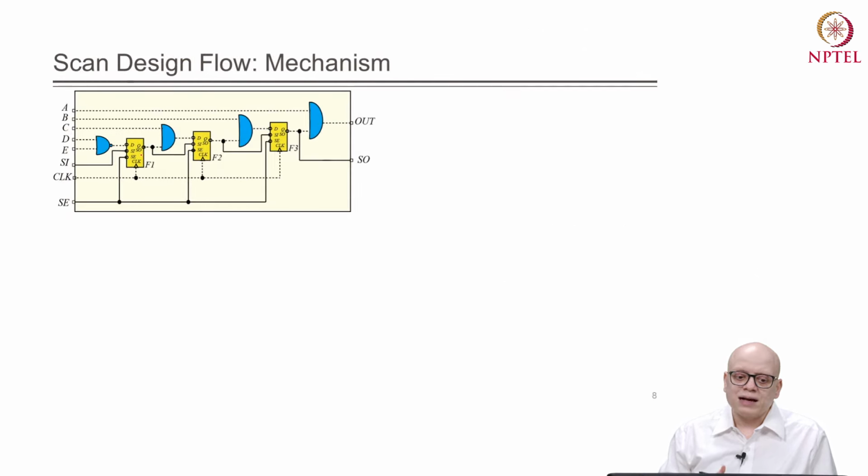Now, how do we proceed in doing testing for a scan inserted design? At the time of testing, say we have manufactured our die, and now we want to do the testing. What should be done during testing for a design in which we have made the changes as described earlier?